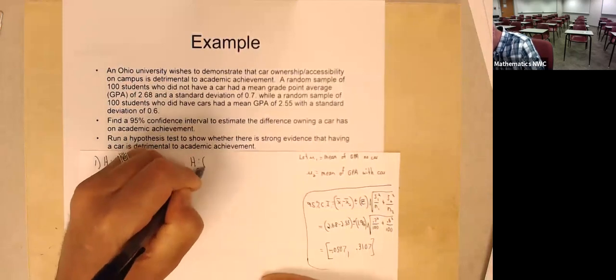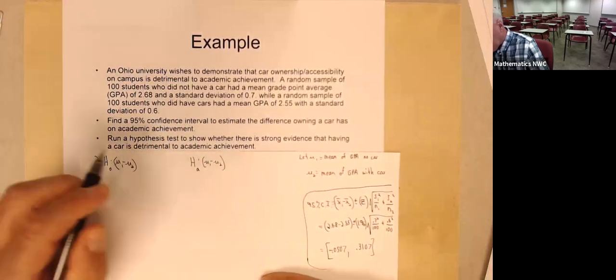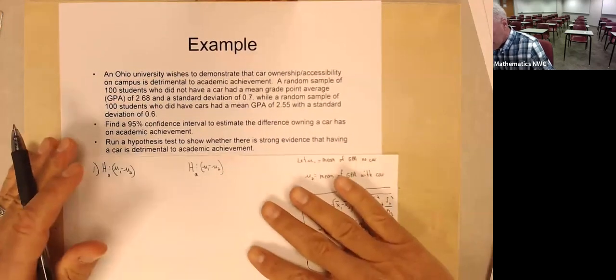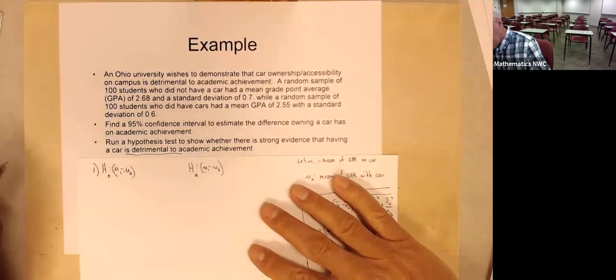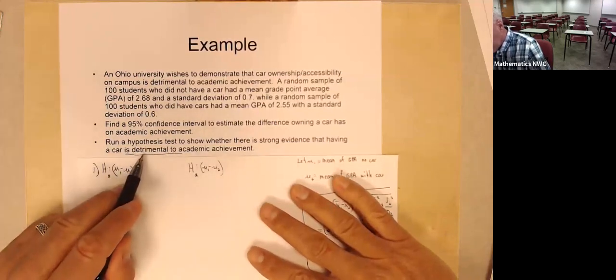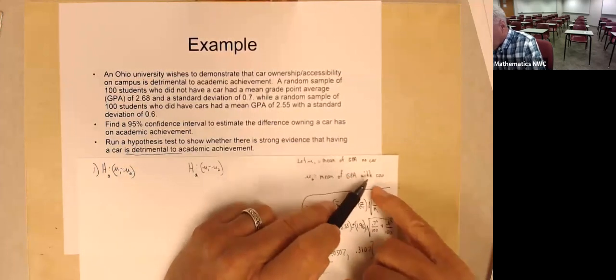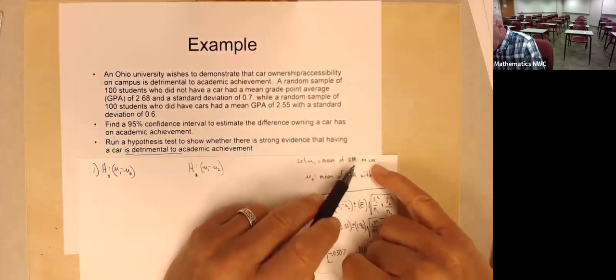Here's where the part gets tricky again. The reason this one is tricky, this is a common place to make an error. We're trying to see if there's strong evidence that a car is detrimental. Detrimental means that if you have the car, you get a lower GPA. GPA with a car would be lower than a GPA without a car.